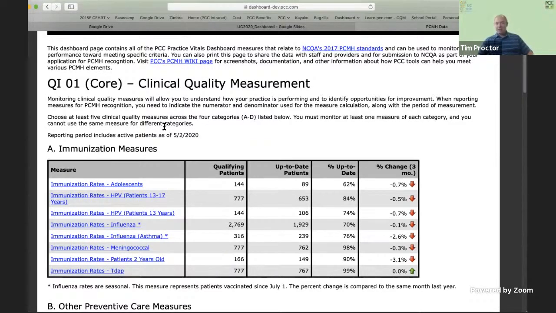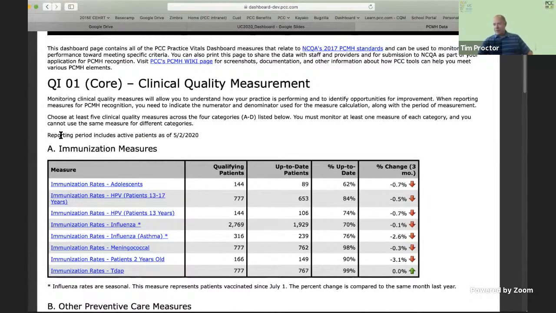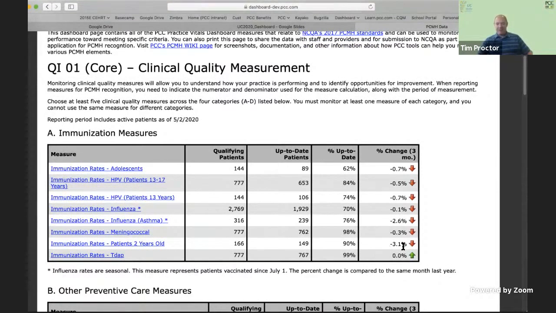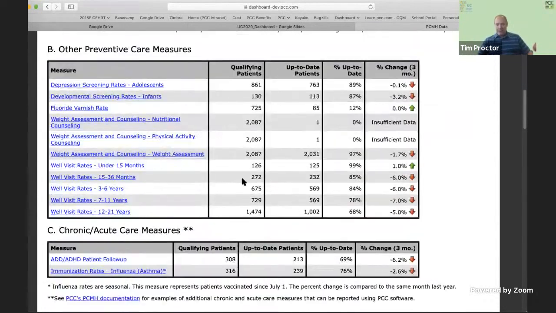So this page is good to get an idea of your improvement, or if you're improving, or if there are certain measures that you need to take a closer look at because you're seeing a big drop. So for this practice here, they've seen a 3.1% drop in immunization rates for kids under 2 years old. That's significant. That's something that you'd want to highlight and take a look at. We do this for all clinical measures in the dashboard are summarized on this page.